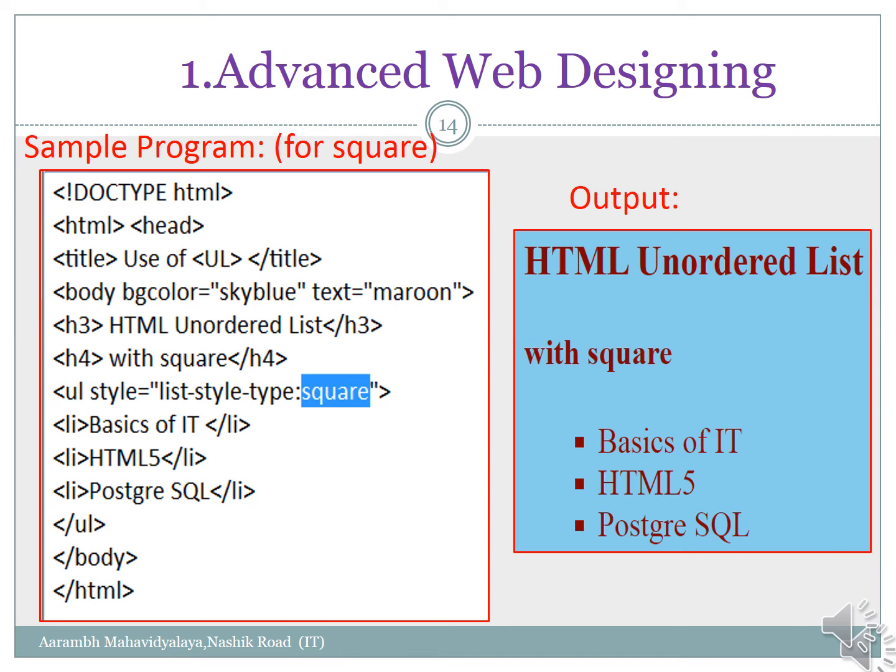Here in this example, instead of using circle, we have used square. Now you can see that our list items have the bullet as a square. Again, the syntax for displaying the square list is UL style equal to list-style-type: square.